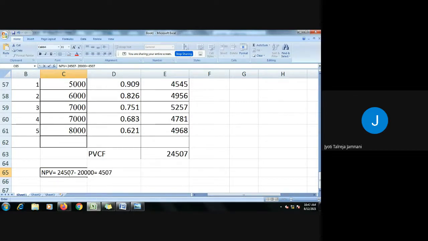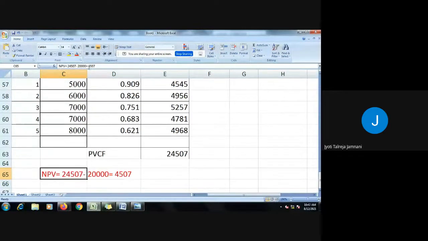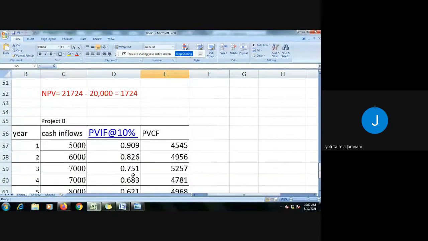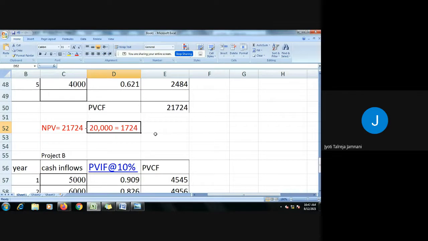Now if they ask you to choose between project 1 and project 2, we will choose project 2 or project B, because 4,507 is higher than 1,724.